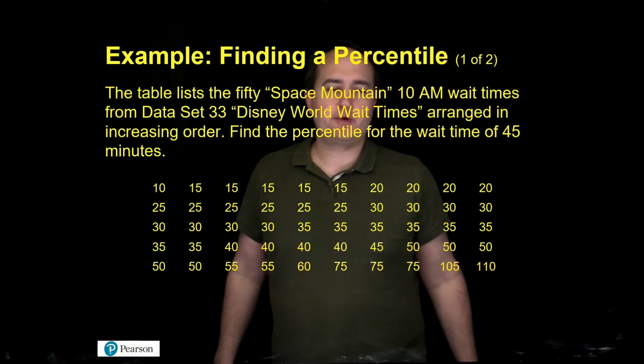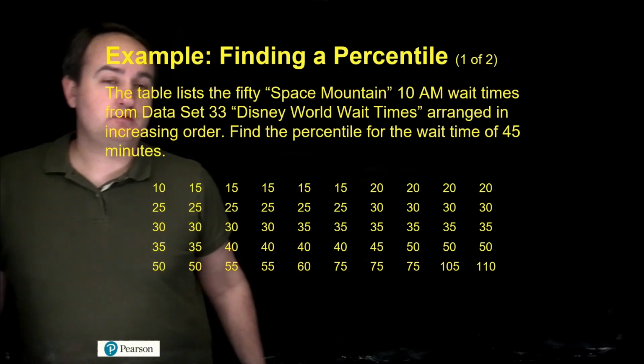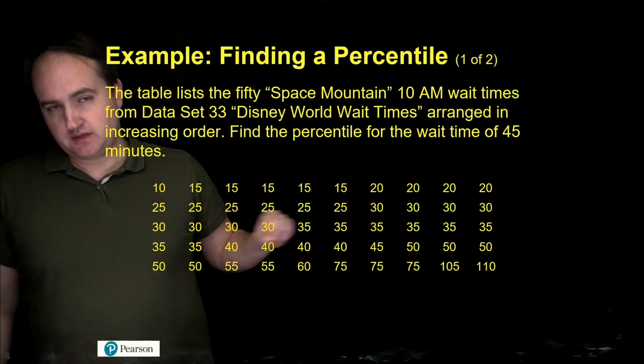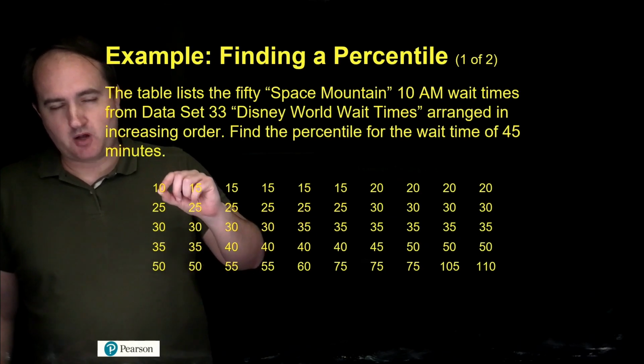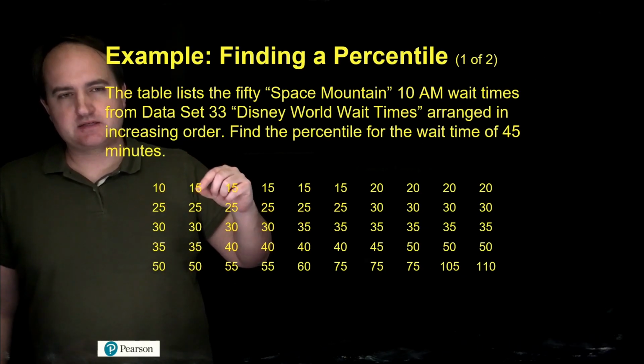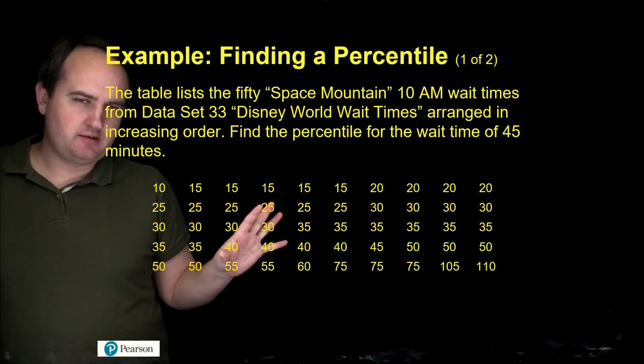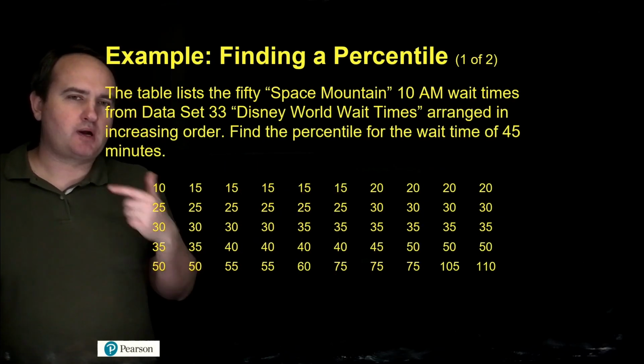So when you're doing your homework, keep in mind that you do need to write the data values in increasing order. So the smallest data value first, and then the next smallest, and so forth. However, in this example, that's already done, and on some of your homework problems, that's already done.